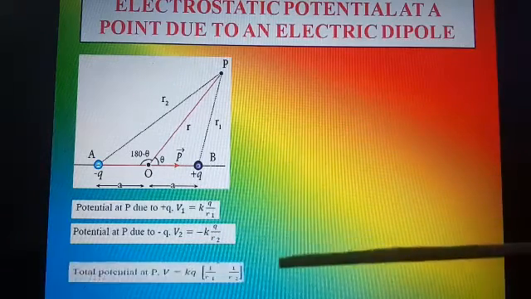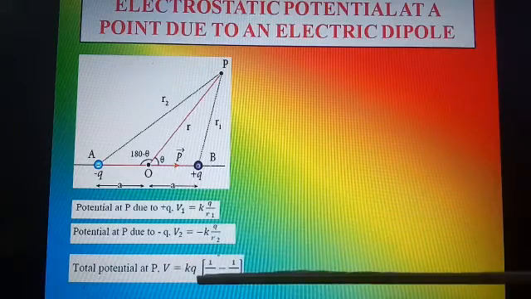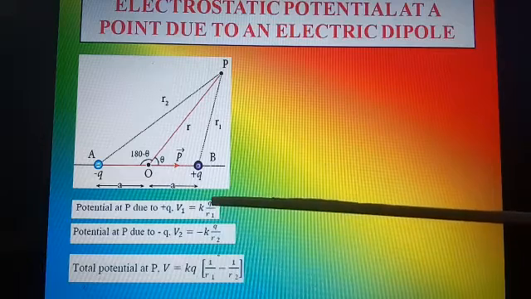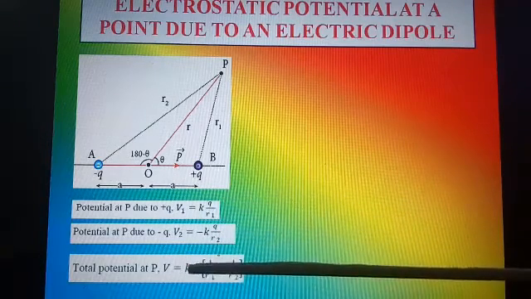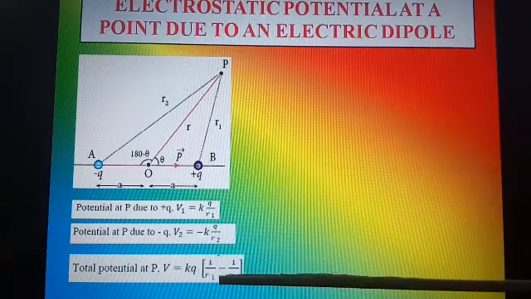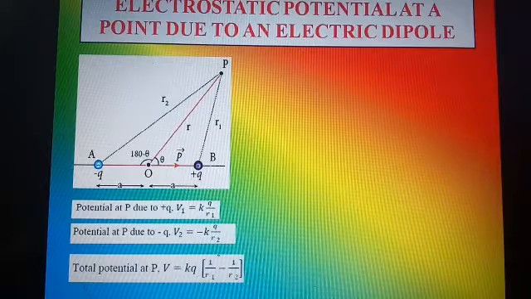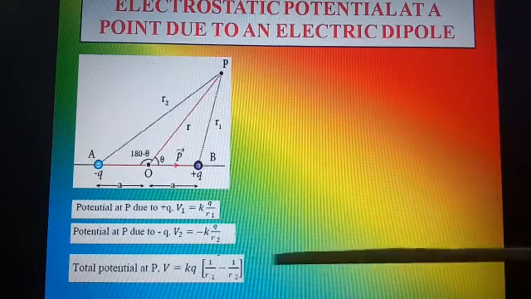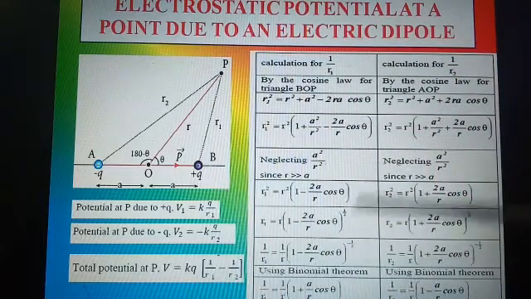So the total potential at the point P, that is V, is equal to KQ, taking Q common out of the equation, times 1 by R1 minus 1 by R2. So we want to find the value of 1 by R1 and 1 by R2.